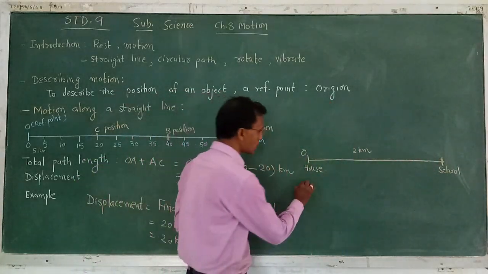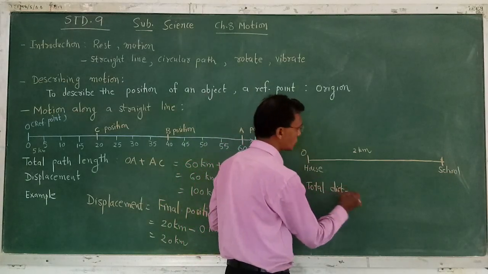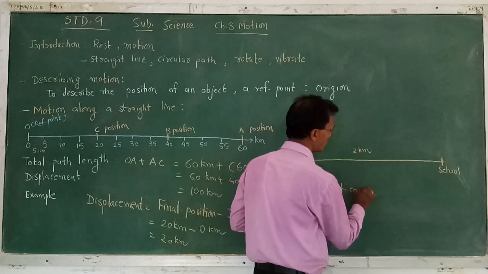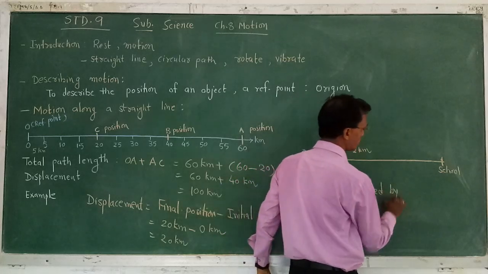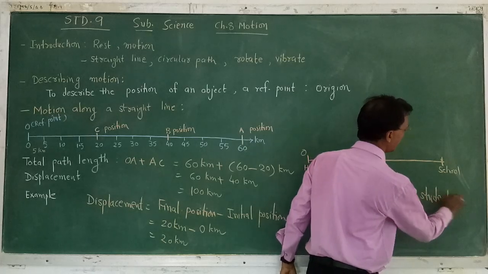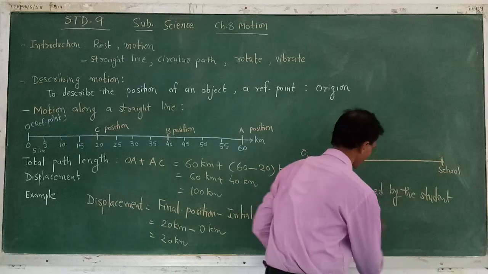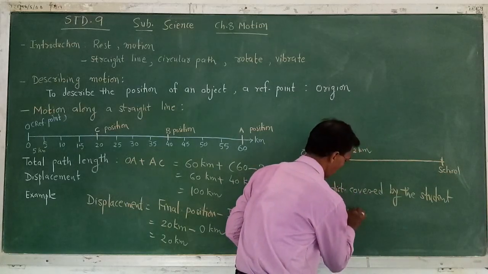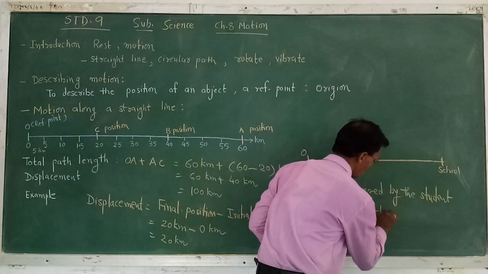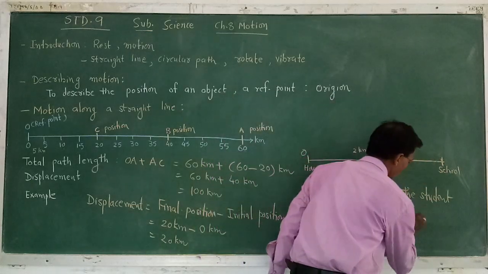So the total distance covered by the student is equal to house to school plus school to house.